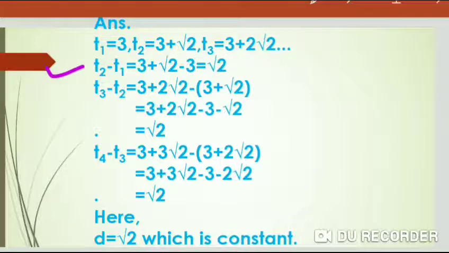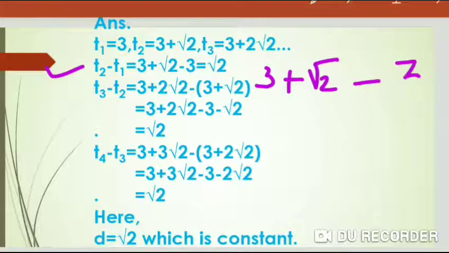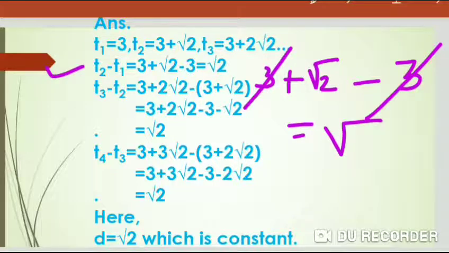Now see, the value of T2 is equal to 3 plus root 2, minus the value of T1, which is equal to 3. Now see here, minus 3 plus 3 get cancelled and we get the answer root 2. Here the common difference is root 2.